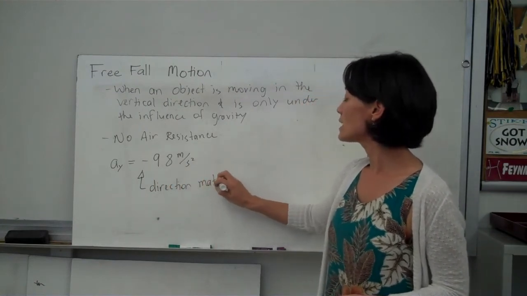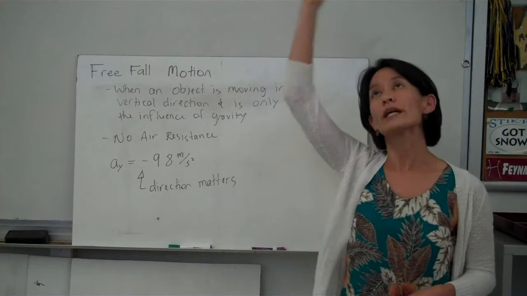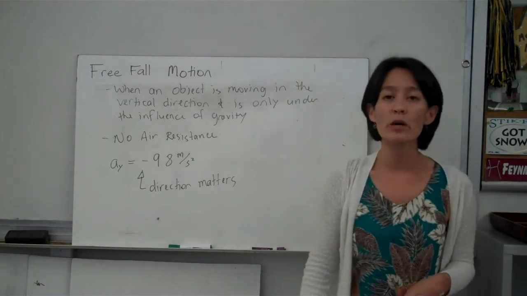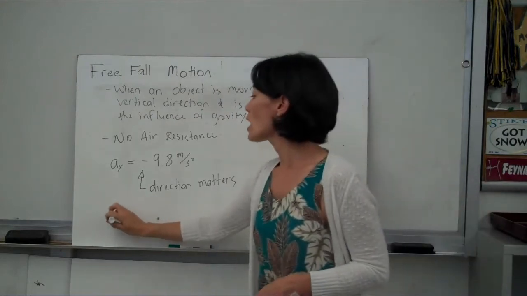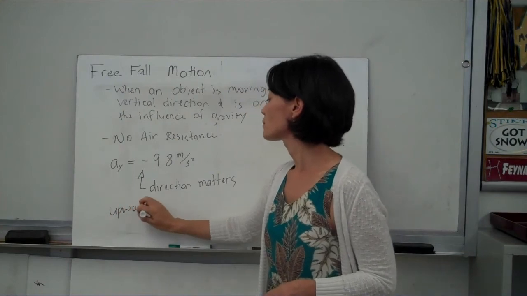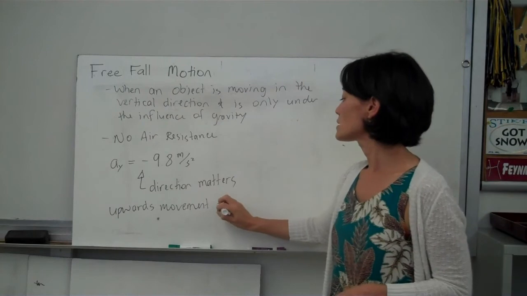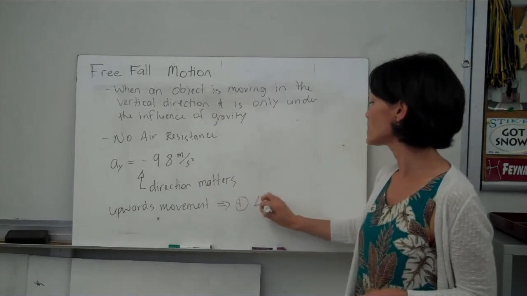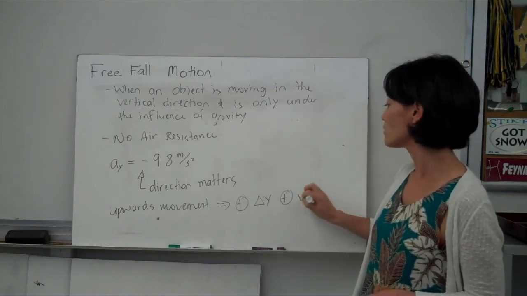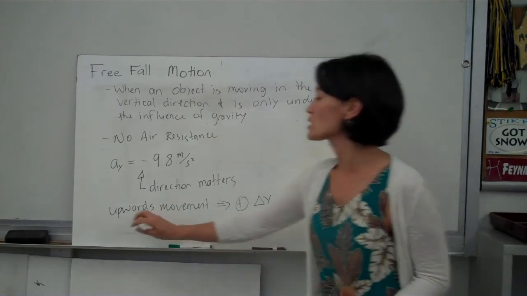And anything that is moving up, we're going to consider to be positive, and anything that's moving down, we're going to consider negative. So upwards movement is going to have a positive delta y and a positive velocity, and then the opposite's going to be true.